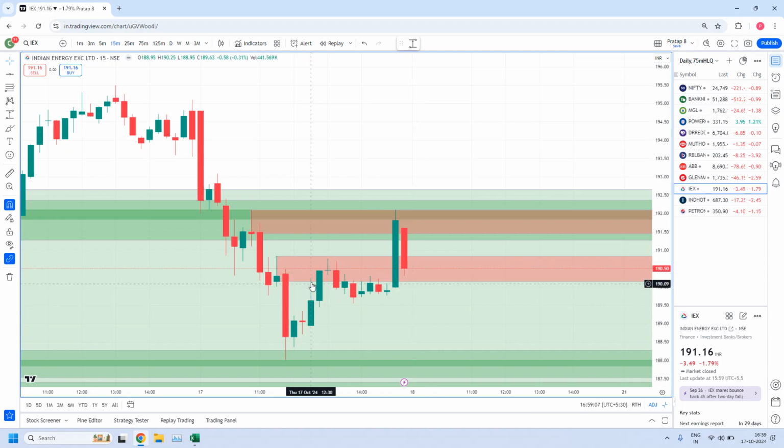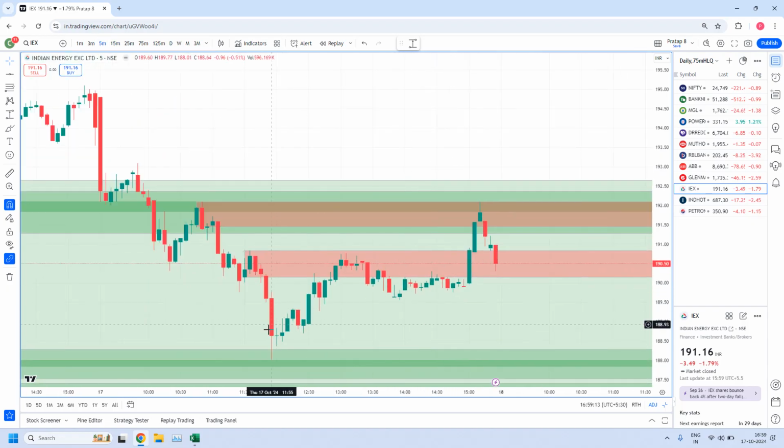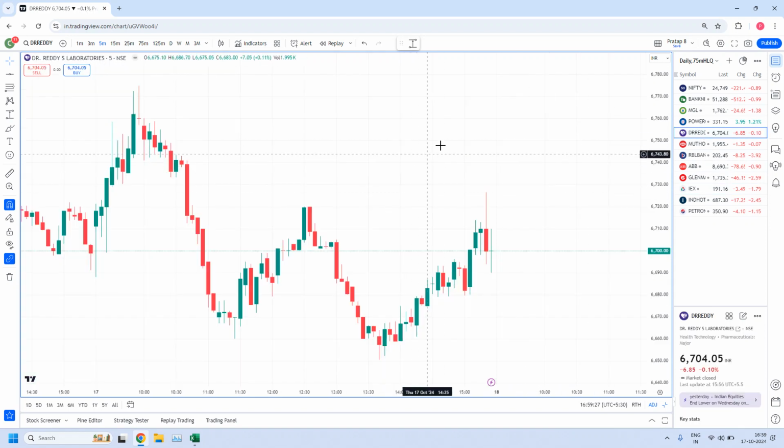That's why you might have exited here itself when you took the trade in the morning, 11:55 candle. And see earlier, where is that? Dr. Reddy. Yeah. Look into the Dr. Reddy trade.